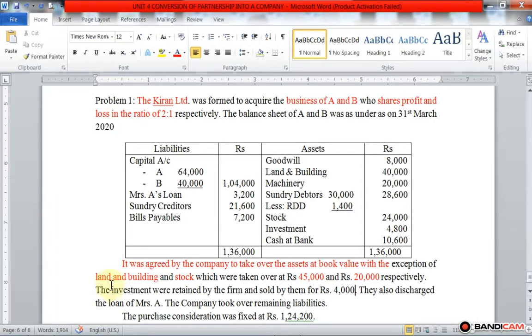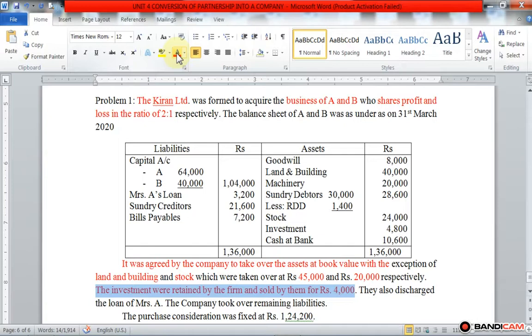So here cash comes into the business, so cash account debit. We cannot say investment account, because we transfer this investment to the realization account. So the entry will be cash account debit to realization account, that is, cash account debit to realization account (investment sold).